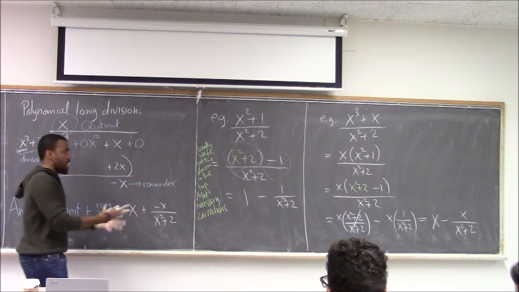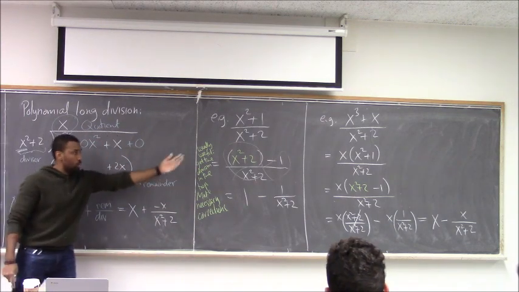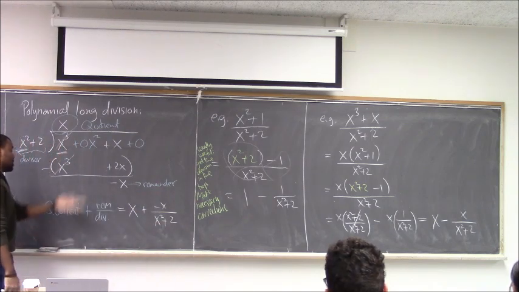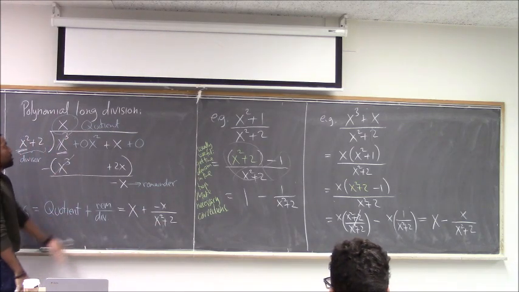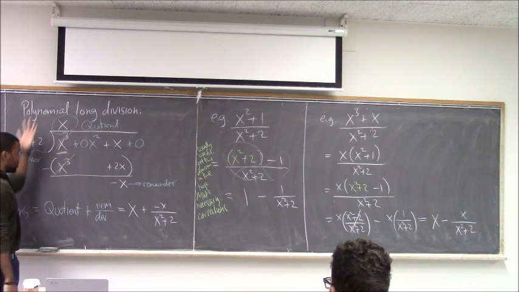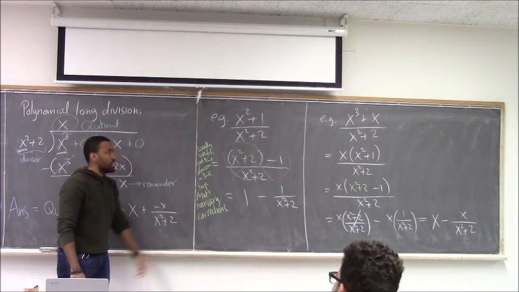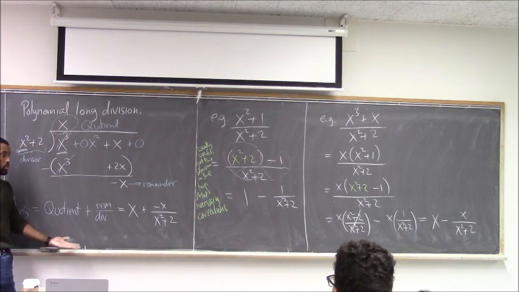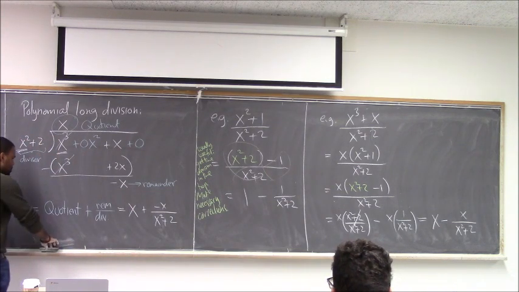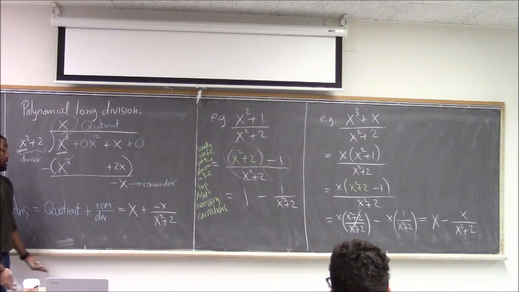So it'll save you writing space if you know how to do this. But if you don't, it's okay to just know how to do long division. At minimum, I would say know how to do that. It will cover many more cases. So even in situations where you can't really see a nice way to simplify, this one is going to work out for you. So yeah, that was step one.